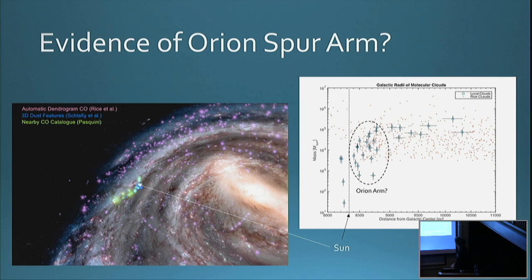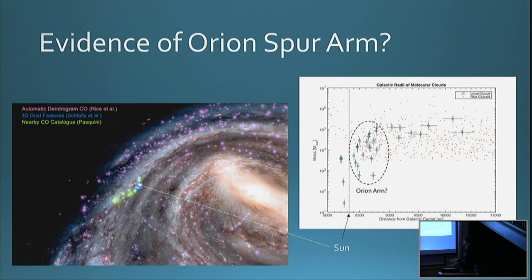There's one interesting thing I found in the catalog too, which is that the vast majority of the clouds in the catalog were actually present outside of the solar circle. There are two possibilities that explain this. One possibility is that this is a representation of the Orion spur arm, so basically a large chunk of molecular clouds that sits right outside the solar circle in the nearby region, as an indicator of an underlying large-scale structure that doesn't exist closer to the galactic center with respect to the sun.